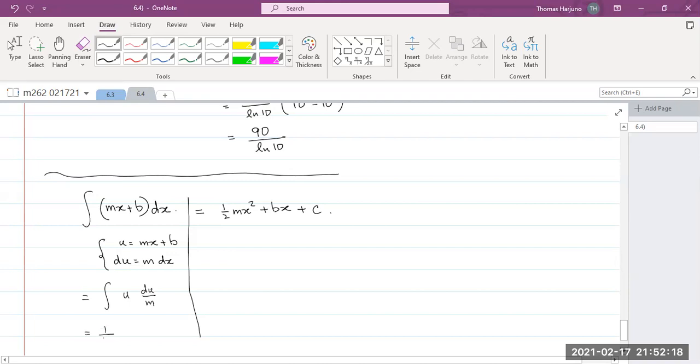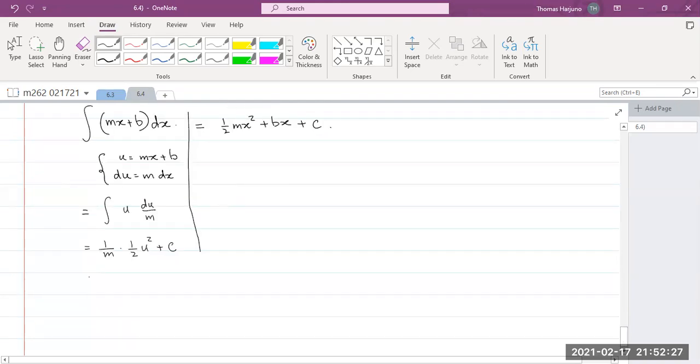Right, so I have 1 over m times 1/2 u squared plus constant. This is 1 over 2m. I substitute u back, so it becomes mx plus b squared plus constant.